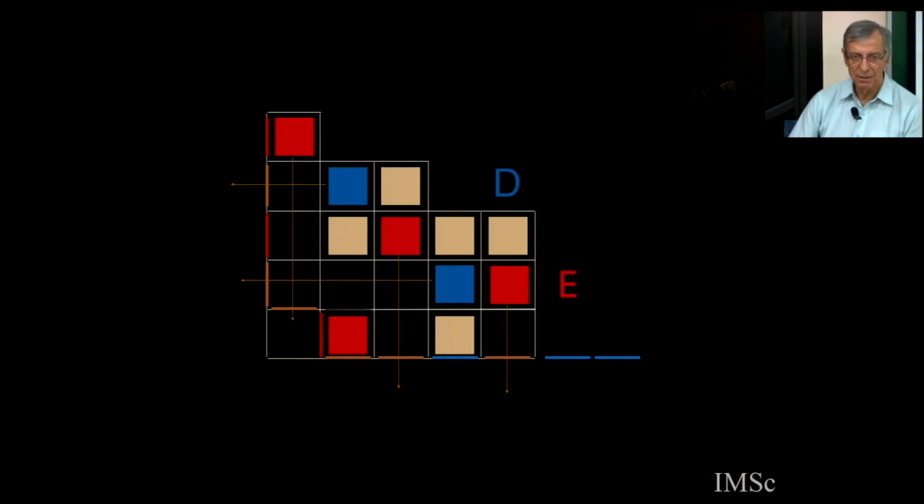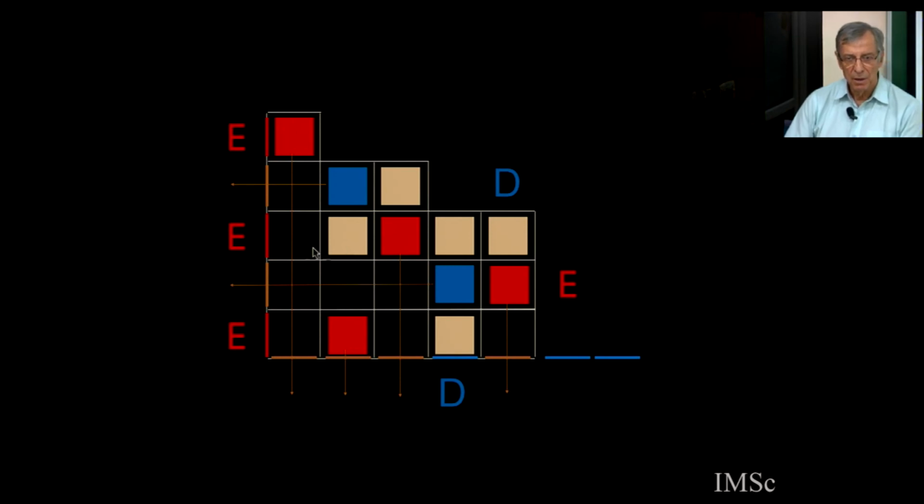And at the end, you start with this word, and then you get here, you still have some edges. So here you have E power 3, because there is no blue cell here. Here you have D power 1, or there should be D power 3, there is more here.